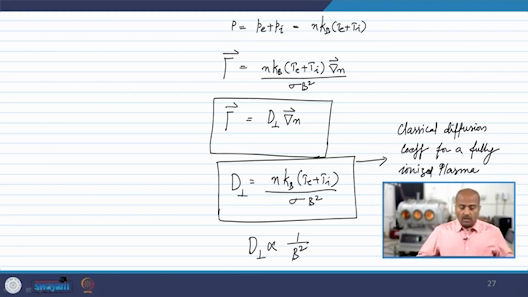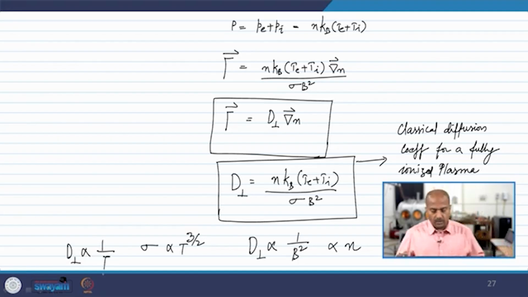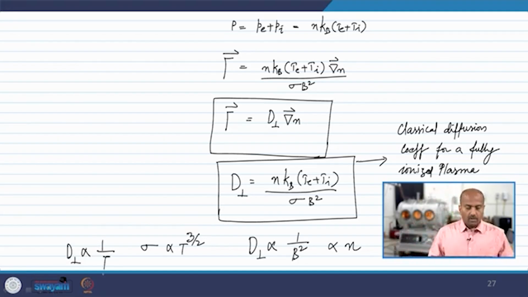And for a Maxwellian distribution of, let us say, velocities, you will realize that D perpendicular is proportional to the number density, and we know that the conductivity sigma is proportional to T to the power of 3 by 2 if it is a Maxwell distribution, which means that D perpendicular is proportional to 1 by T. Now, let us write the three diffusion coefficients that we have derived throughout the discussion.